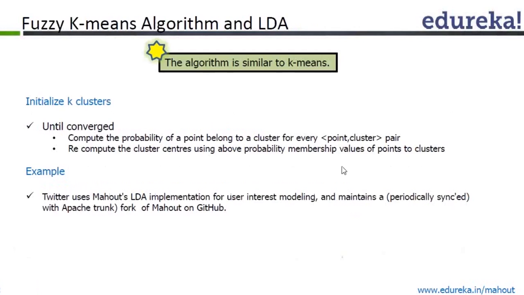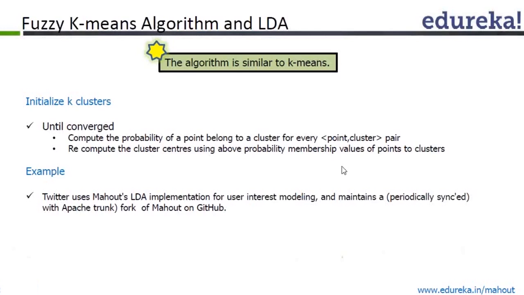And fuzzy k-means algorithm and LDA. So let's try to compare. Initialize K clusters. The algorithm is similar to that of k-means. So fuzzy k-means: initialize K clusters, and until converged, compute the probability of a point belonging to every cluster.